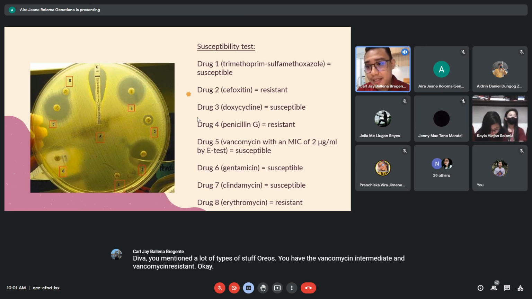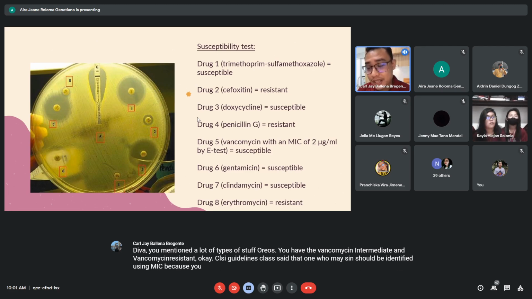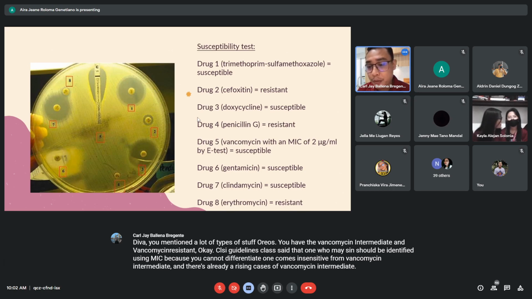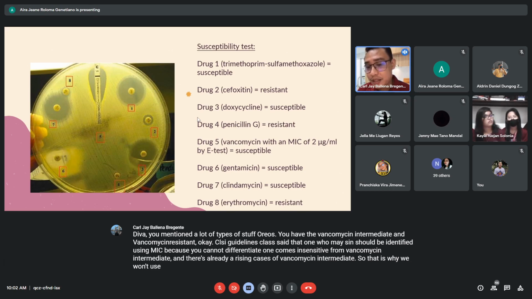CLSI guidelines said that vancomycin should be identified using MIC because you cannot differentiate vancomycin sensitive from vancomycin intermediate. And there are already rising cases of vancomycin intermediate. So that is why we won't use antibiotic disc for vancomycin determination. Okay? I expected you to read that. You did not even figure out the difference.